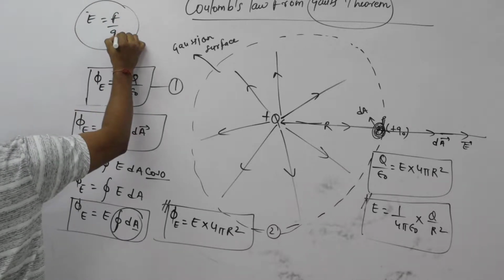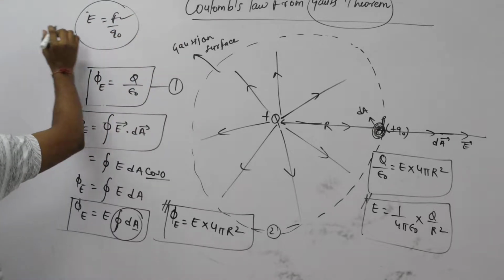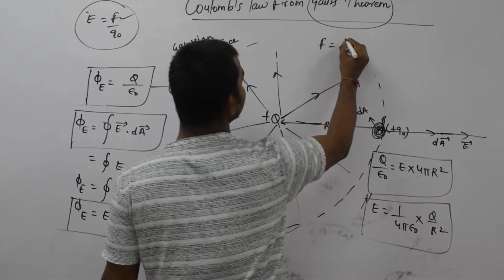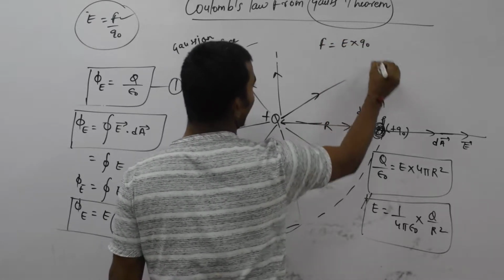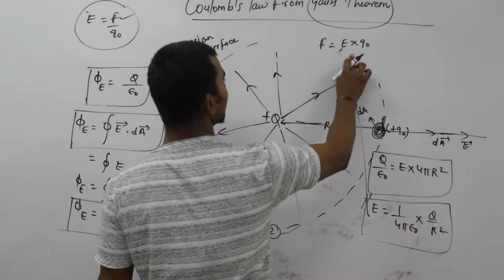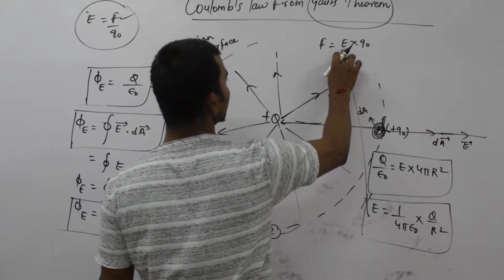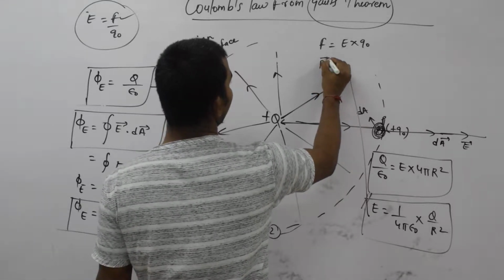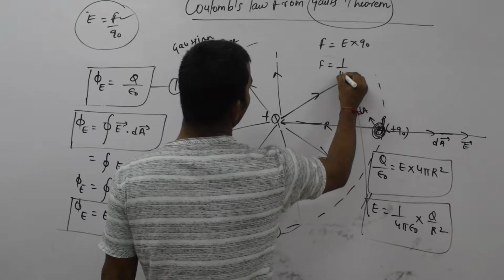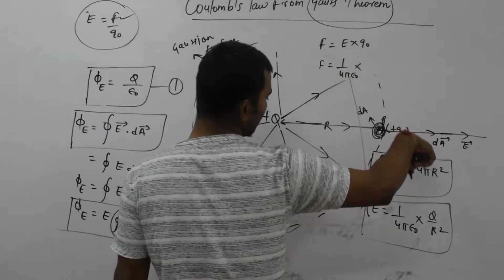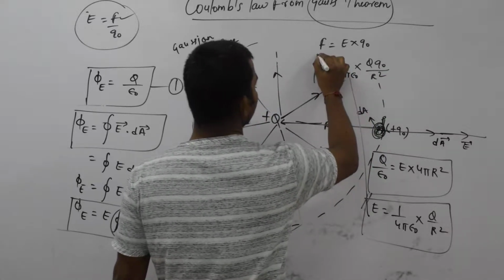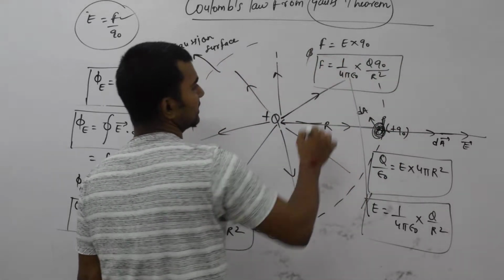So if I need to find the force, then simply I can use this formula that F is equals to E into Q naught, and from here I can put the value of E. So F is equals to 1 upon 4 pi epsilon naught Q Q naught upon R square. This is the Coulomb force.